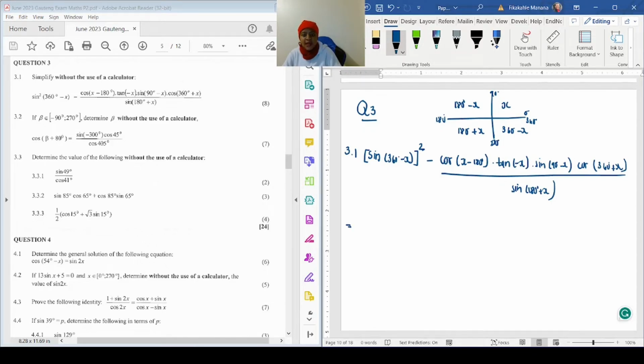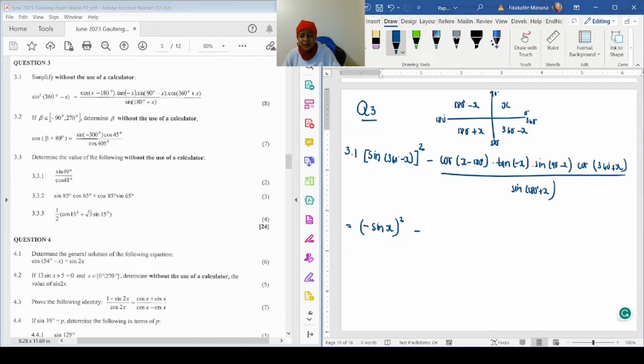Now let's start with the sine. So 360 minus x is in the fourth quadrant. That is where sine is negative. All right, so we have negative sine x, and all of that would be squared. Then you have cos of x minus 180.